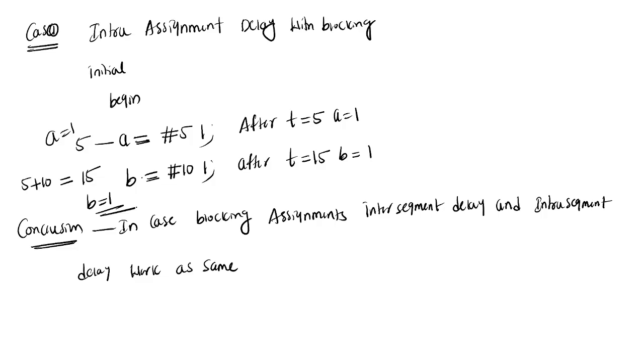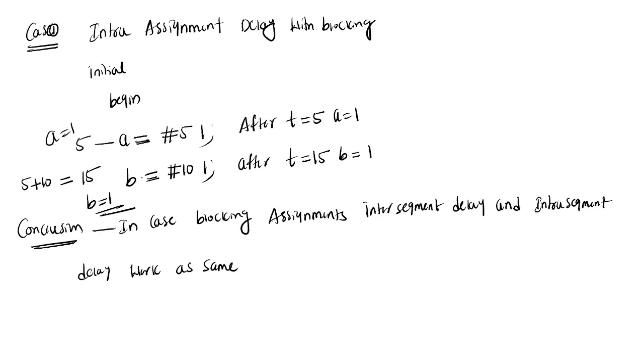You need to understand this. Whatever I am telling are some interview questions, so you need to be clear. They will try to confuse you about inter segment and intra segment delay. If you remember that within blocking assignments both work the same, you can answer confidently. Shall I move forward? Any doubts or queries?